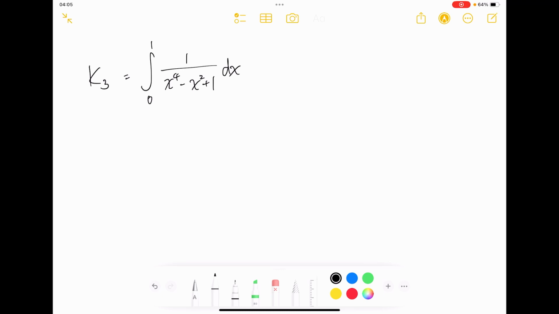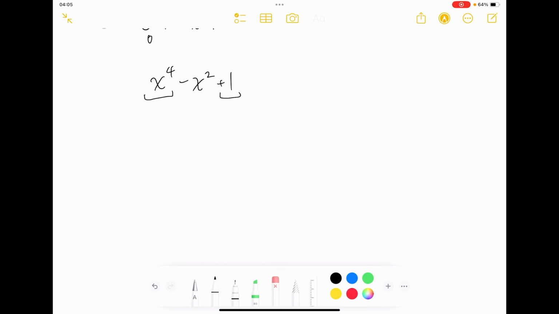So we have the denominator, which is x to the fourth minus x squared plus 1. And we're going to try to partial fraction decompose this. Because I've got an x to the fourth and a plus 1 here, I'm going to try to make this a perfect square, because then I can have a difference of 2 squares because of that x squared in the middle.